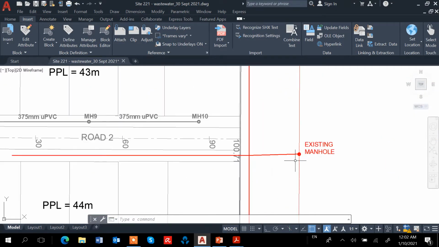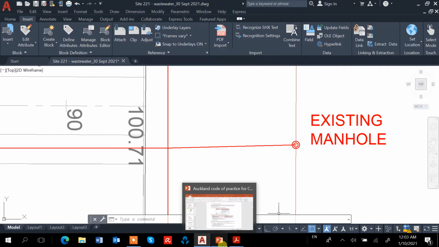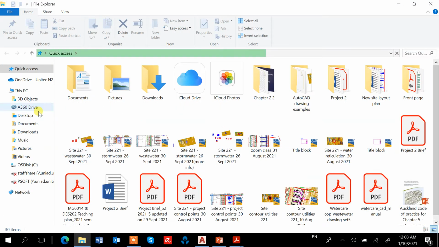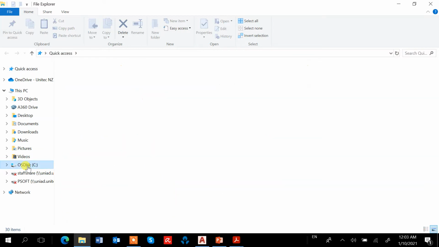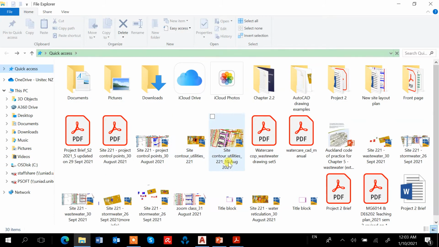Okay, so the manhole will be 1.05 diameter. Let me see whether I got some diagram on this manhole. I'm not sure where it is. It's okay.